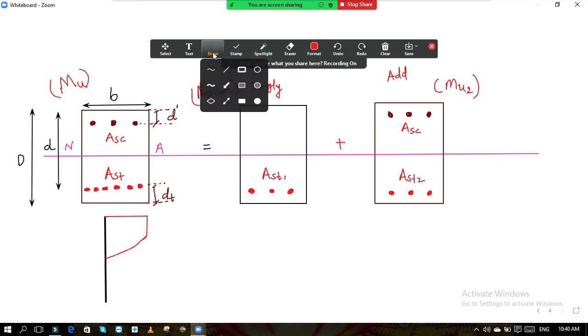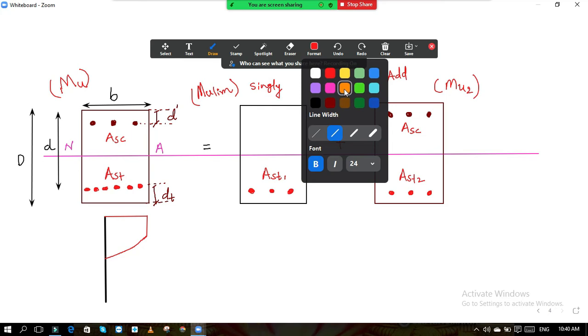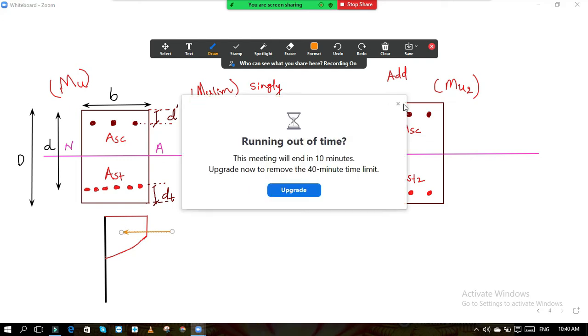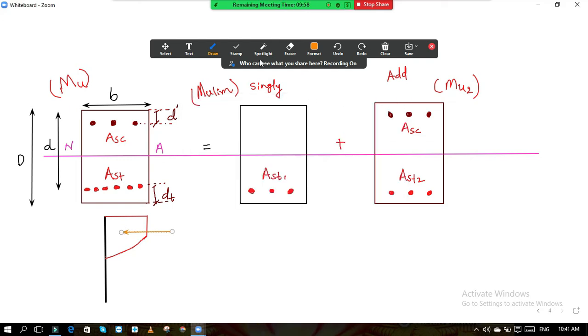So if I show you the forces, so here the total compressive force will be acting. Total compressive force, that is, this is your total C. Then at the bottom, means at the level of steel, at this level, I am not talking about this, I am talking about this level.